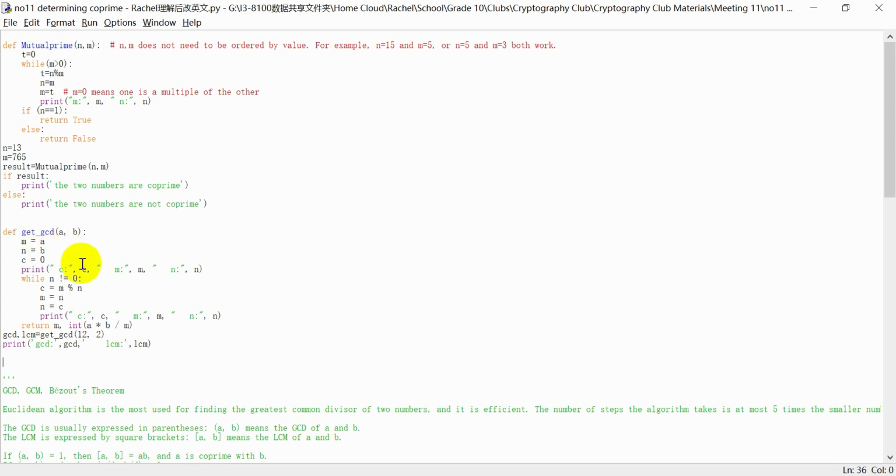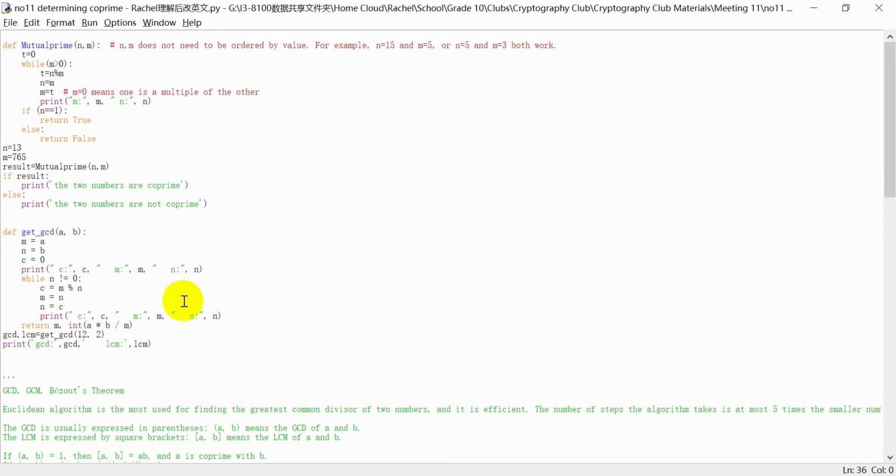And then we print c, m, and n. And then there's a while loop again. While n doesn't equal 0, the remainder of m divided by n is given to c, the value of n is given to m, and the value of c is given to n, and then we print c, m, and n. As long as n doesn't equal 0, this loop continues.